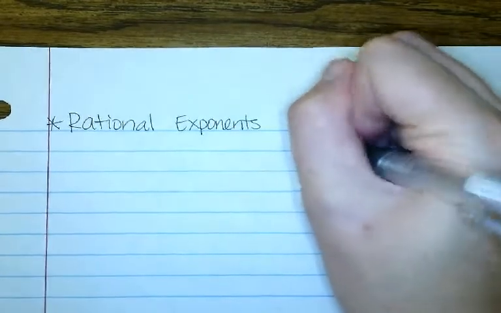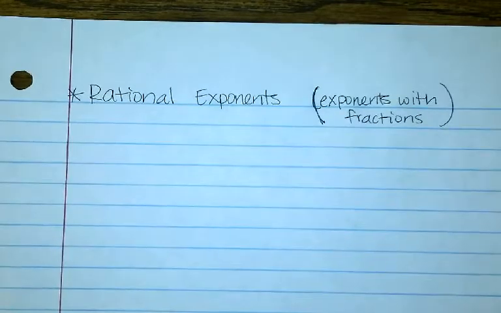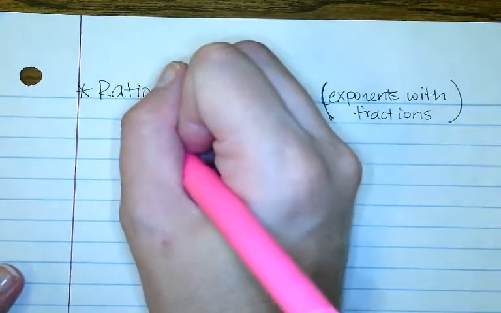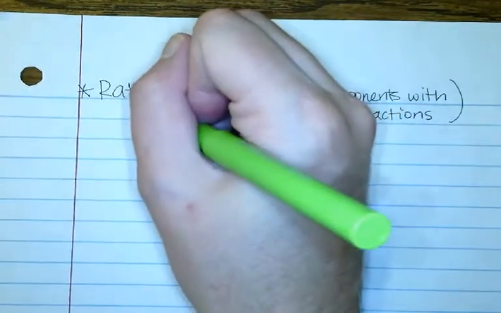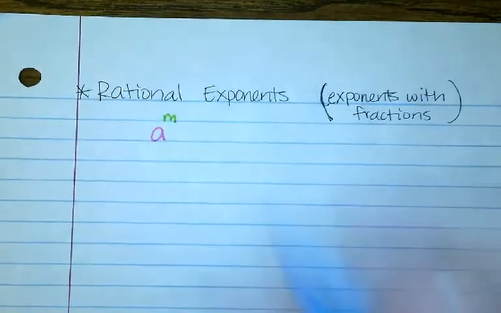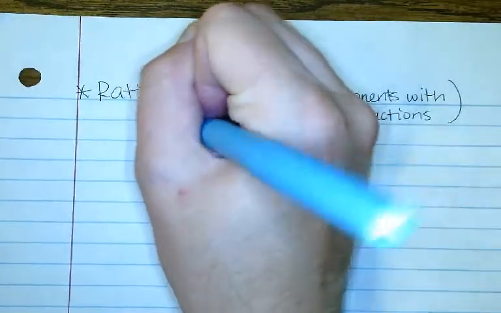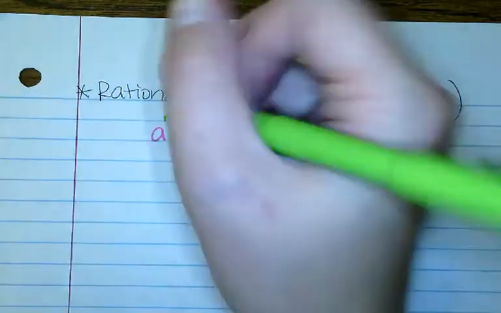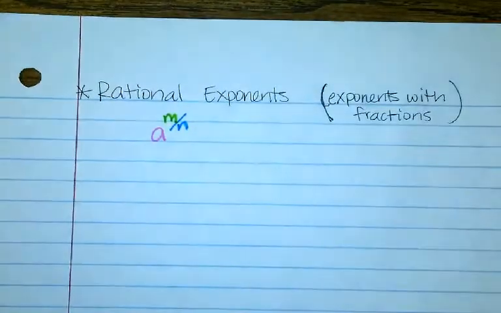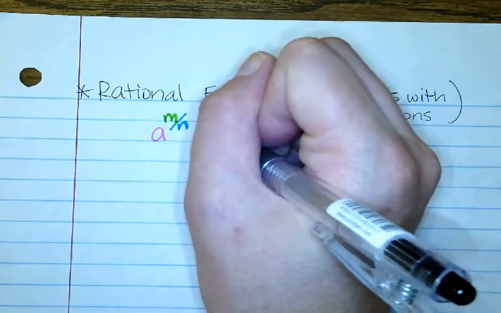All right? So what we have here, guys, is if you have a rational exponent, it is going to look similar to this, where you have a to the m divided by n. All right, guys? So basically, your exponent is going to have a fraction. So these are also called fractional exponents. And we are going to be able to rewrite this rational exponent as a radical.